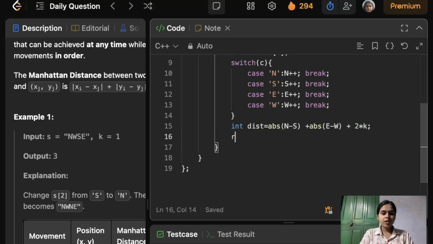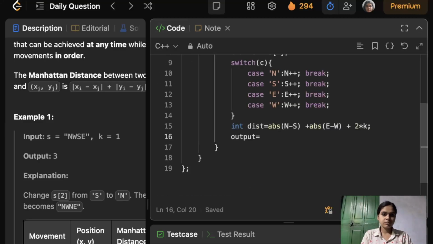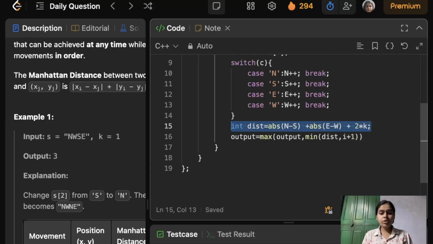And the other thing to calculate the output will be this other formula, right? So we will be simply copying this. It will be similarly this one: output equals max of output comma minimum of distance comma i plus 1, because at each ith index the maximum output can only be i plus 1, if 2 into k provides very high values compared to what we should get in actual.